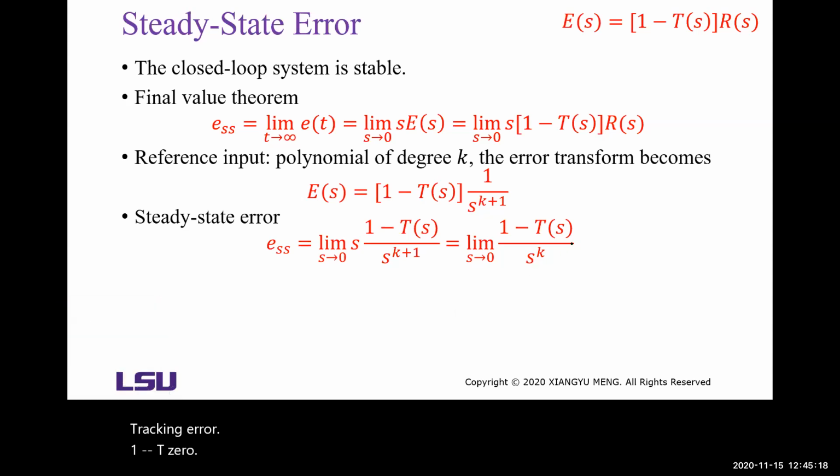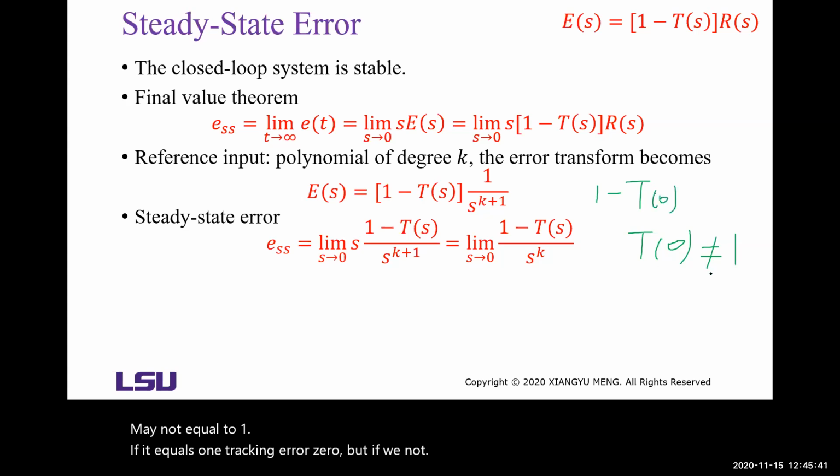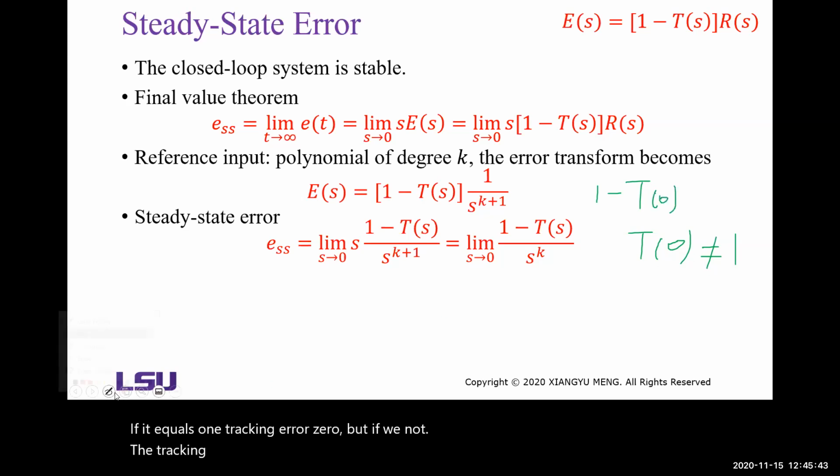Here, we know the DC gain for a type 0 system may not equal 1. If it equals 1, the tracking error is 0. But if not, the tracking error is non-zero for a type 0 system.